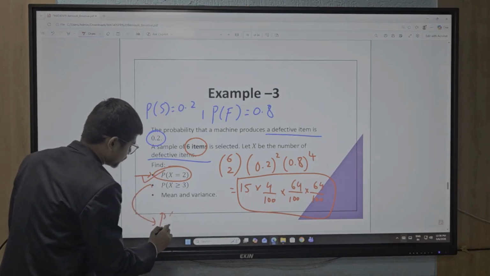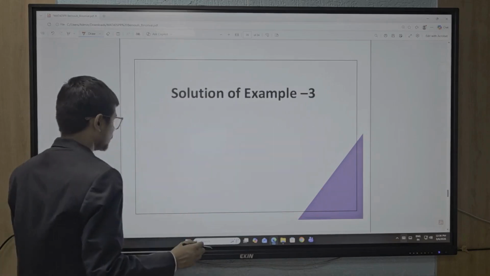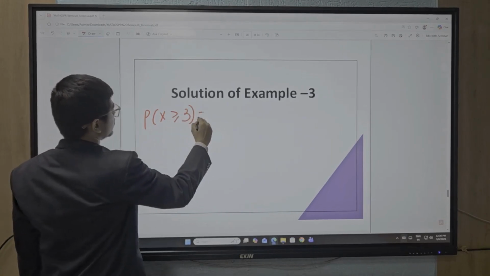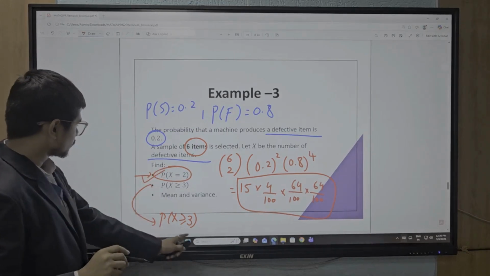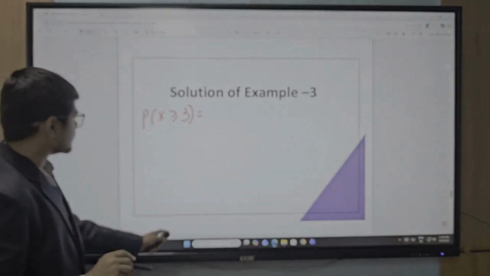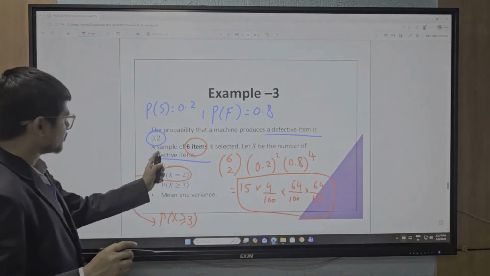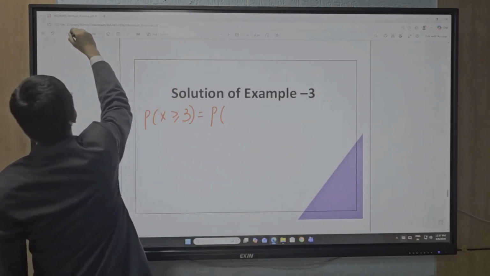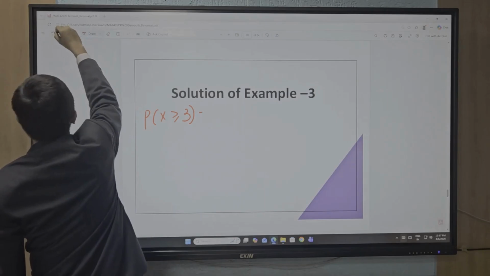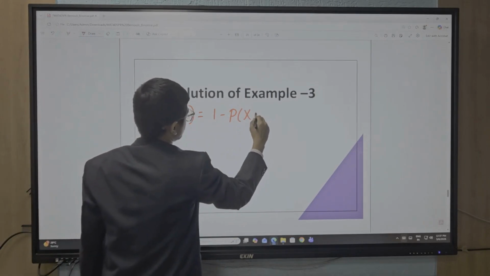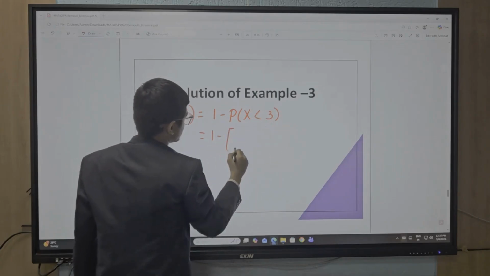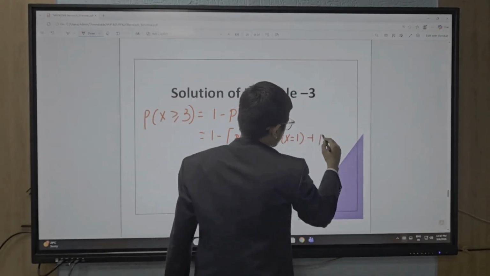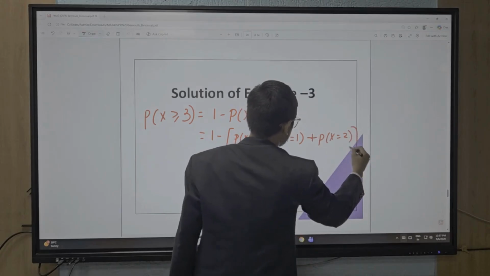So what is the value of P of x greater than or equal to 3? Greater than or equal to 3 means 6 items are selected, a sample of 6 items. So the probability is 1 minus P of x equal to 0 plus P of x equal to 1 plus P of x equal to 2.